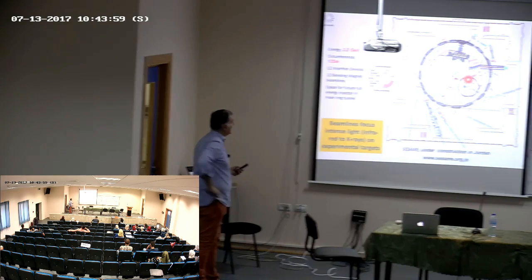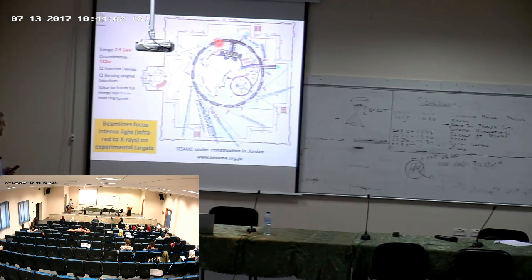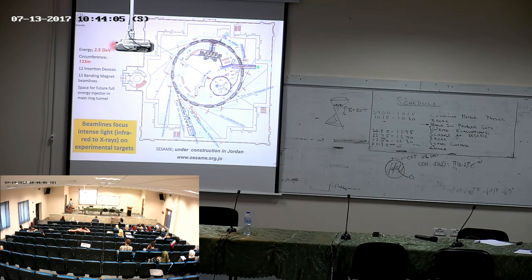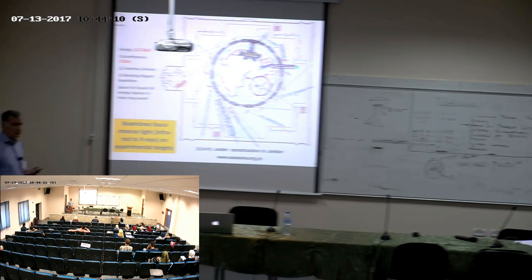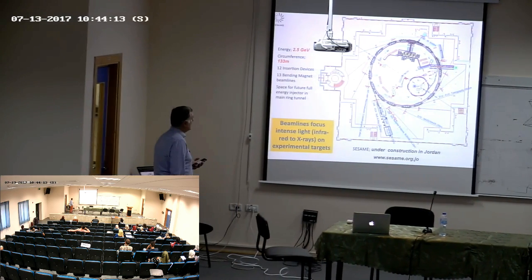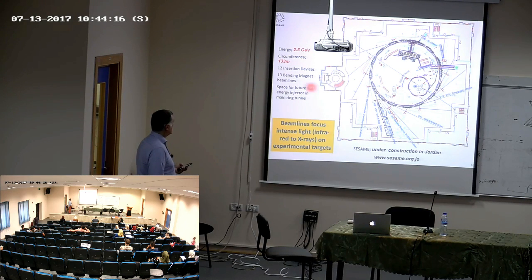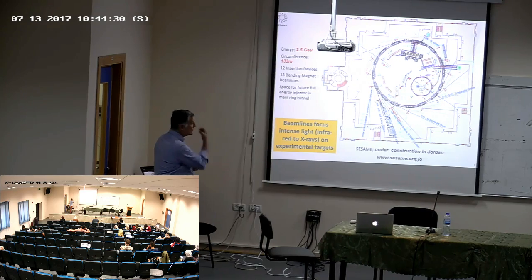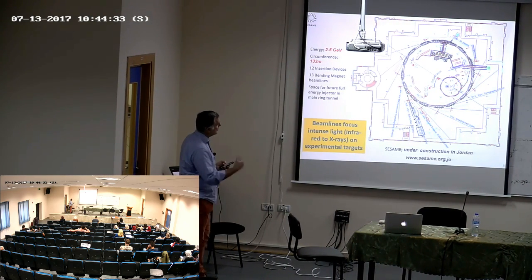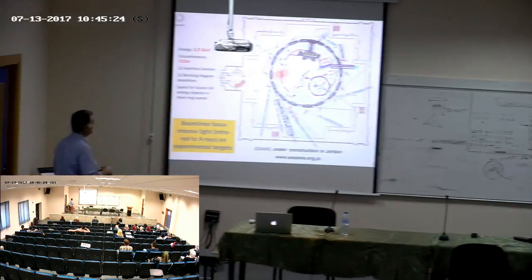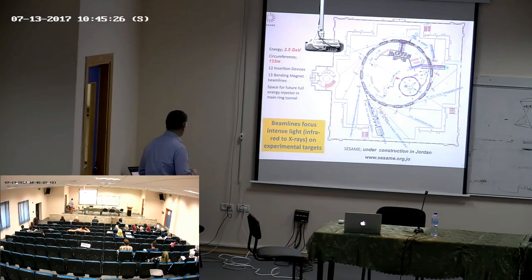So it's a good ring, and it can host up to 12 insertion devices, which are the undulator wigglers, which we've been discussing during the first lecture. And then it has 13 bending magnets. Okay, although we are using BESSY 1 as an injector, we are already thinking of a future upgrade to have a larger booster for something about macromolecular crystallography and something about the infrared beamline, which is on the other side.